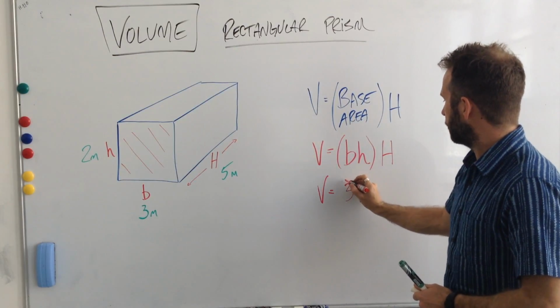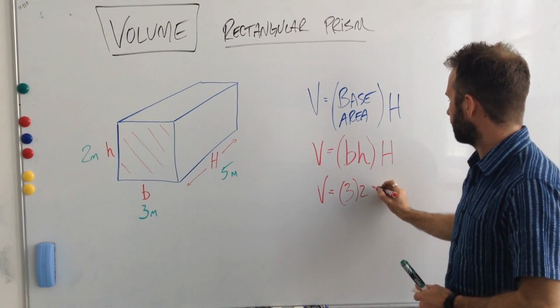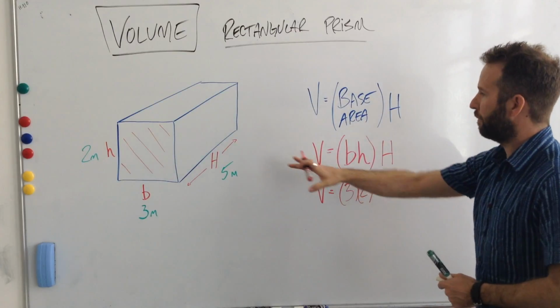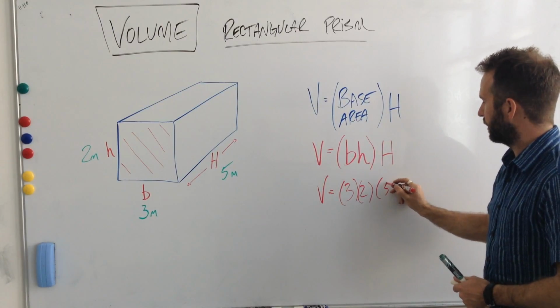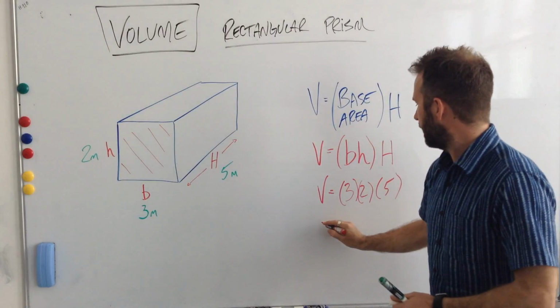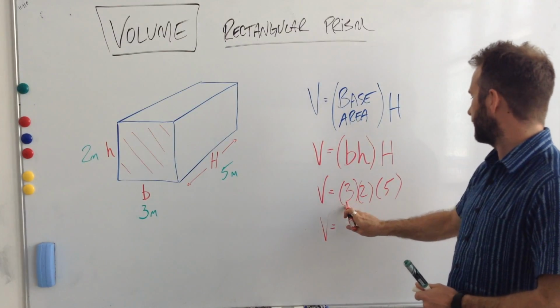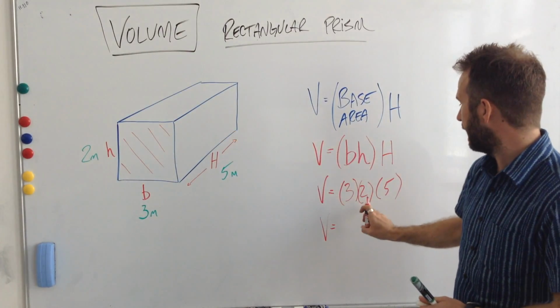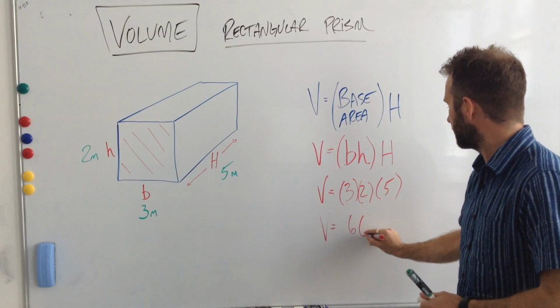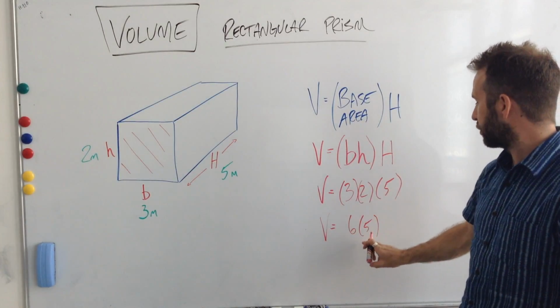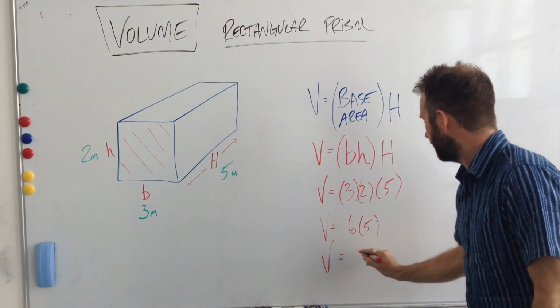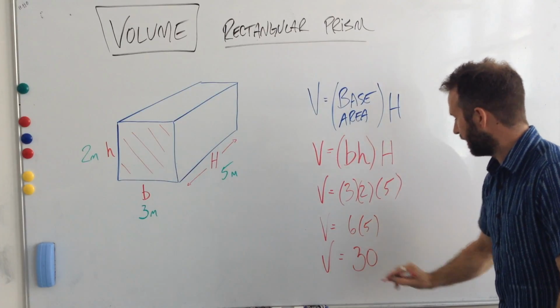Little h is 2. So I've got 3 multiplied by 2 and multiplied by our big H, which is 5. So for my volume, the base itself is 3 by 2, which is 6. Our big H is 5, so in the end, I get a volume of 30.